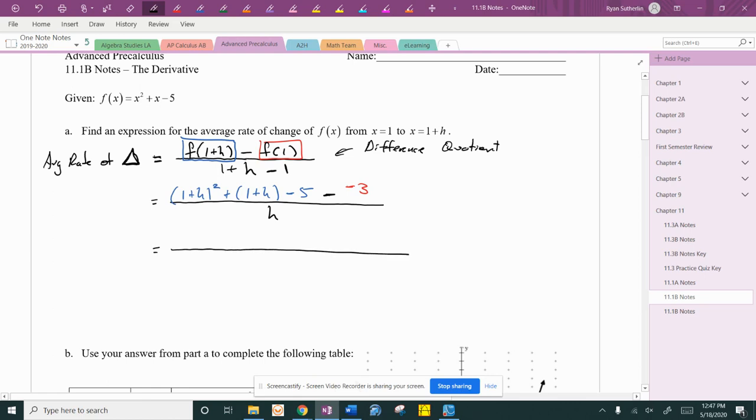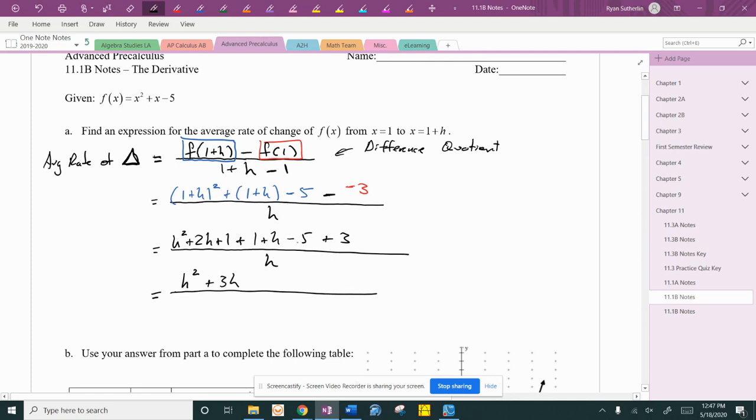Now, what does this simplify to? (1 plus h) quantity squared is h squared plus 2h plus 1, plus 1 plus h minus 5 plus 3, all over h. In the numerator, I have h squared, and 2h and h is 3h.